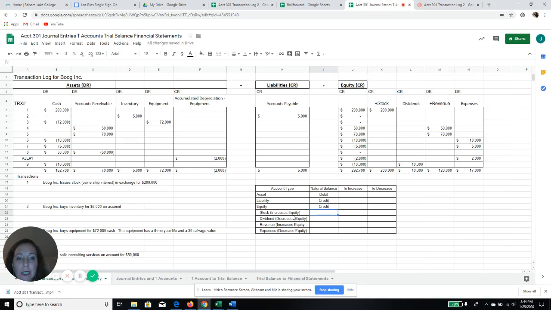Stock, which increases equity, has the same natural balance as equity, a credit. Dividends decrease equity, so they have the opposite natural balance, or a debit balance. Revenue increases equity, so it has the same natural balance as equity, or a credit. And expenses decrease equity and have the opposite natural balance of equity, or a debit.